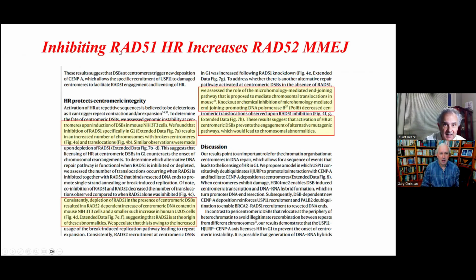And what this says is that if you inhibit RAD51, which is the core of homologous recombination, you increase RAD52 and you go to mismatch end joining. What this means is as you block RAD51, which cannabis does epigenetically, you go from high fidelity DNA repair to low fidelity DNA repair.